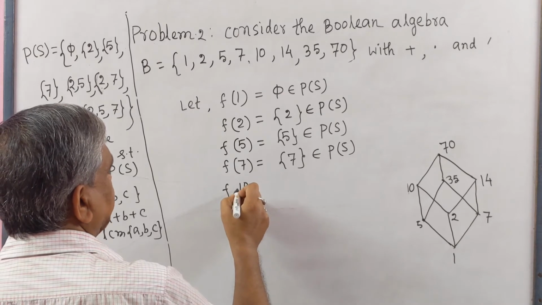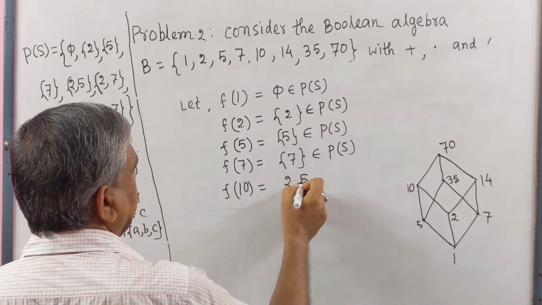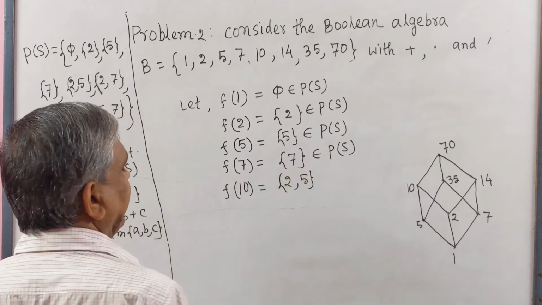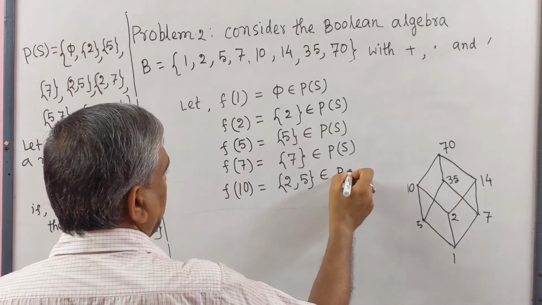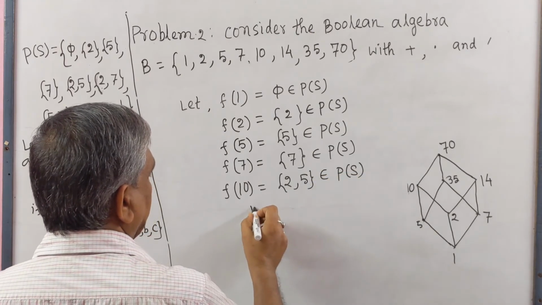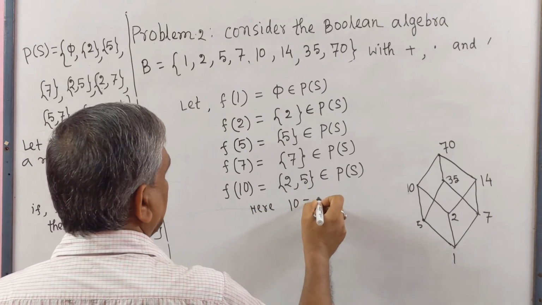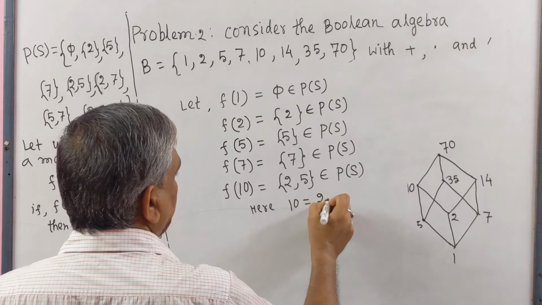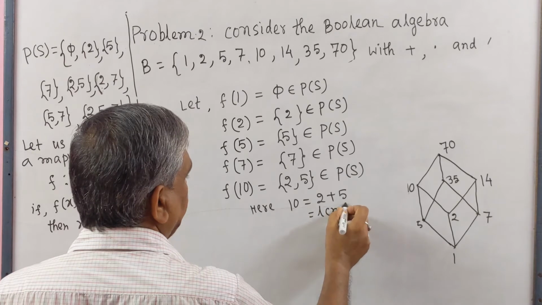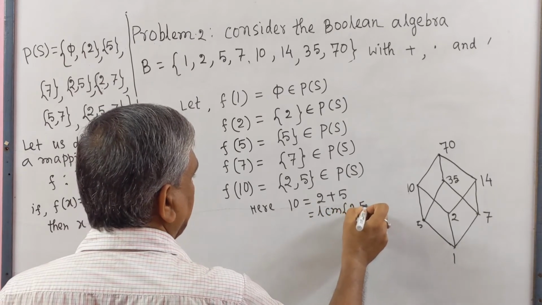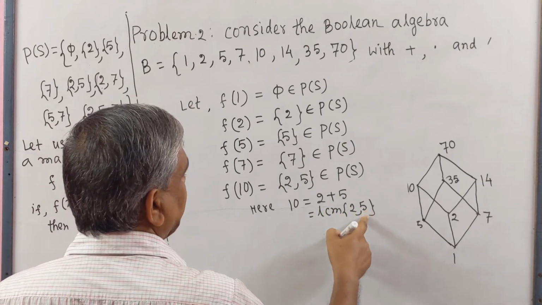F10 equal to the set containing elements 2 and 5, that belongs to PS. Here 10 equal to 2 plus 5, means LCM of 2 and 5. That means 10 equal to LCM of 2 and 5, which is 10.